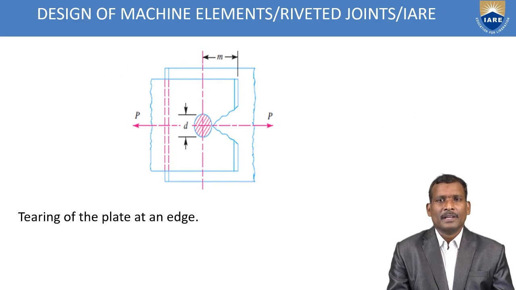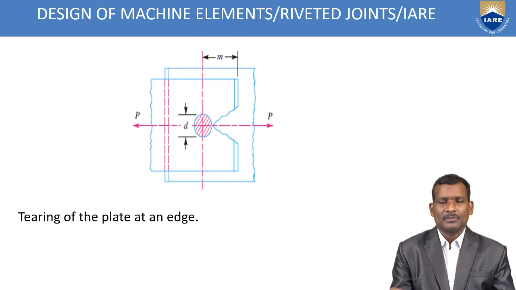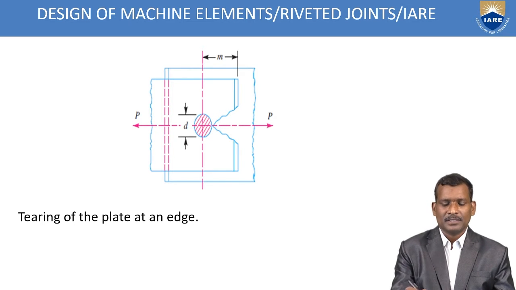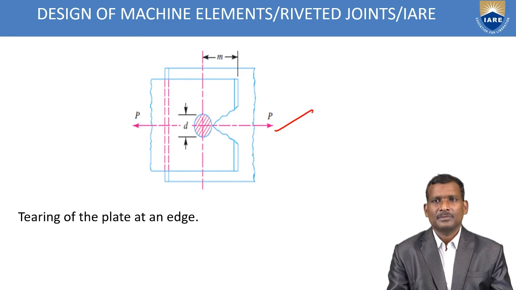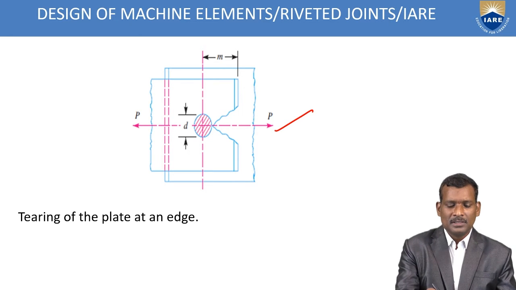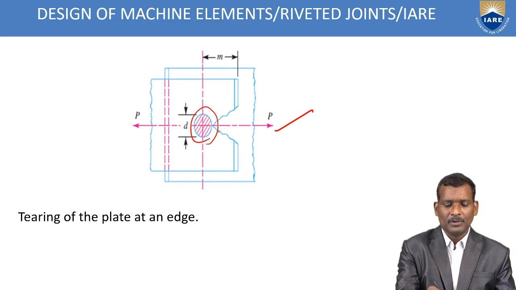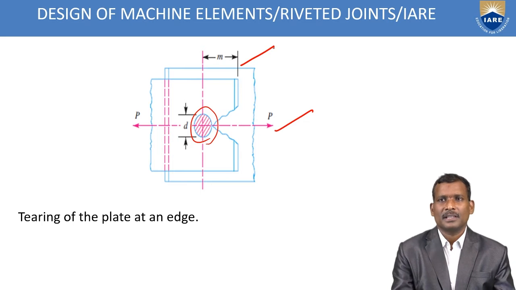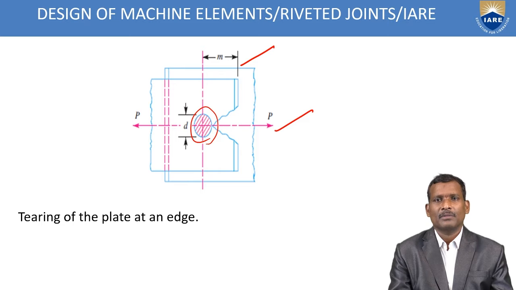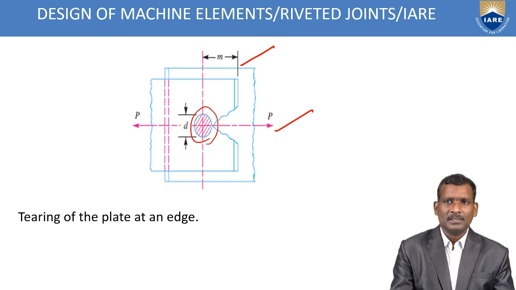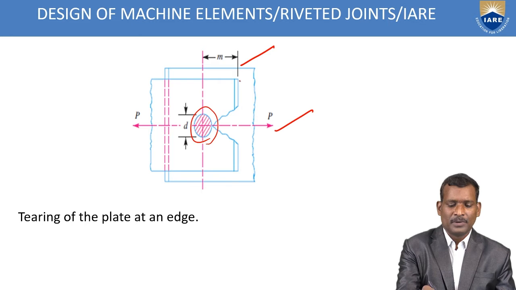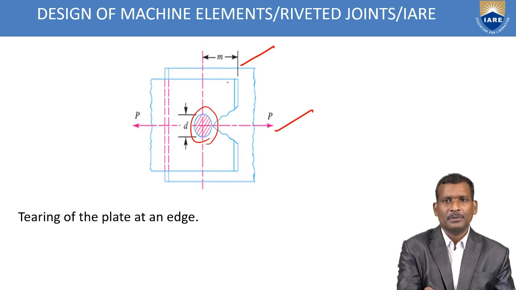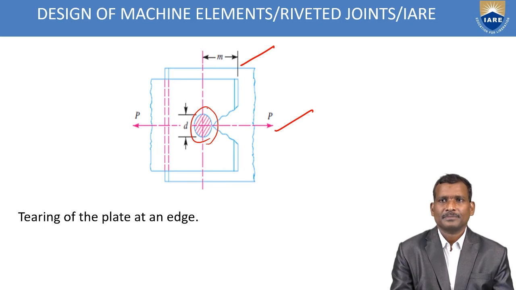See the tearing of the plate at an edge as shown in this figure, when it is subjected to tensile load. This is the rivet hole and rivet shown, the diameter of the rivet, and this is the margin. The margin is equal to 1.5 times D. You should maintain this to avoid failure. The margin, as per definition, is the distance from the edge of the plate to the center of the rivet.